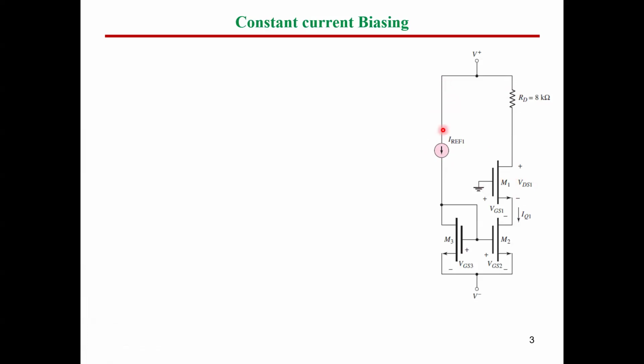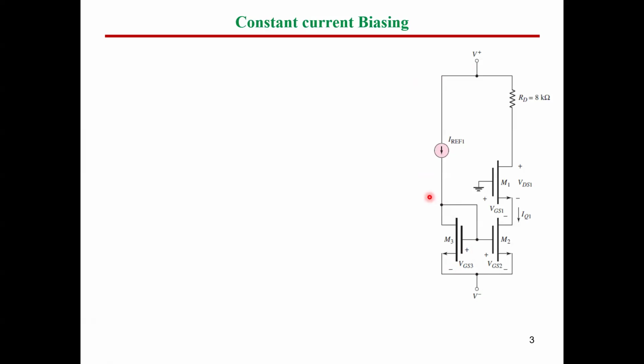So in this branch, which has a current reference here, you can see that the drain is connected to the gate of the MOSFET, and the source is connected to the negative volt here, and the drain current is our reference current.